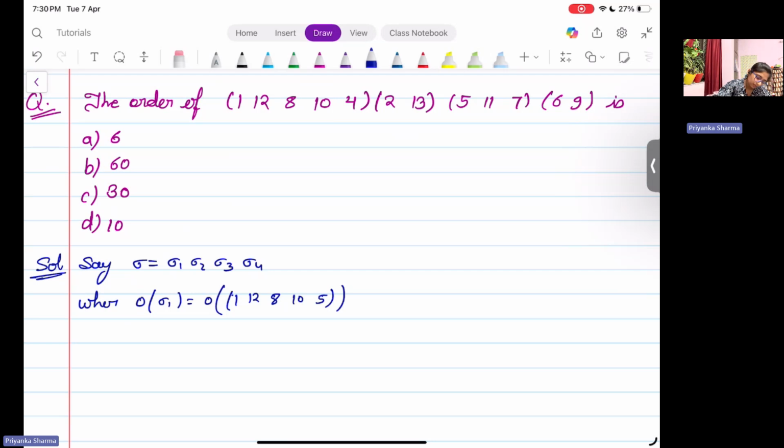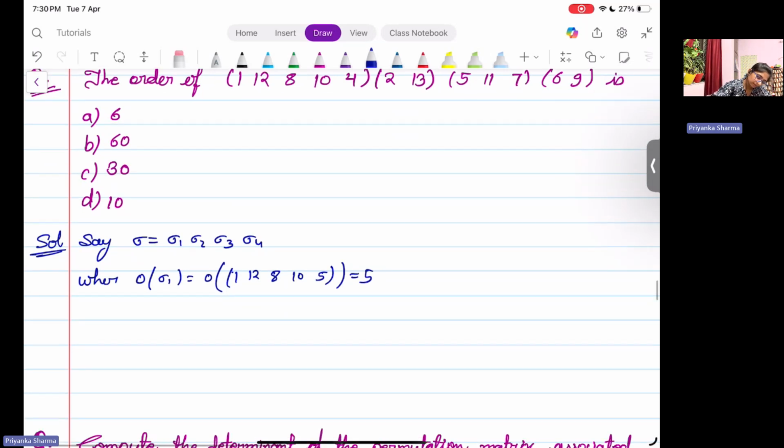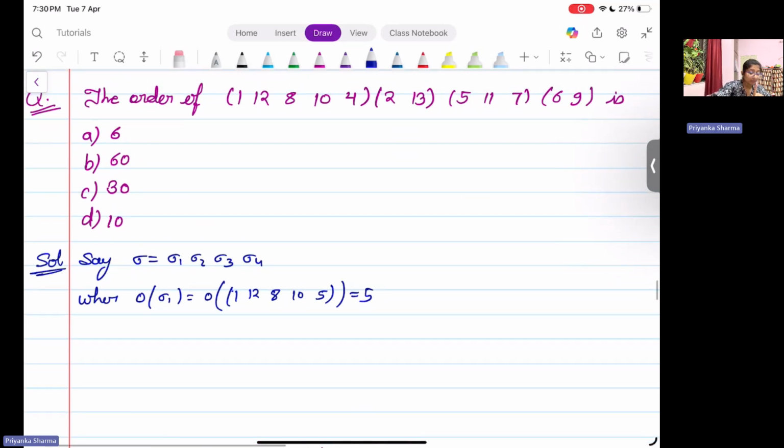There are 5 elements, so this will be 5. But wait, for this, we need to check whether all the cycles are disjoint or not, because only then we can have the cycle decomposition of that. So here, yeah, we can see that this is the cycle decomposition for a permutation in S13.